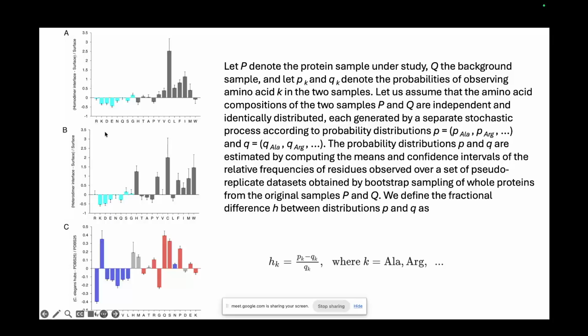So this is telling you that this set of amino acids is occurring less frequently in P compared to Q. So why is that? Because this set of amino acids might be conferring a particular property to protein Q, which is not present in protein P, or vice versa.